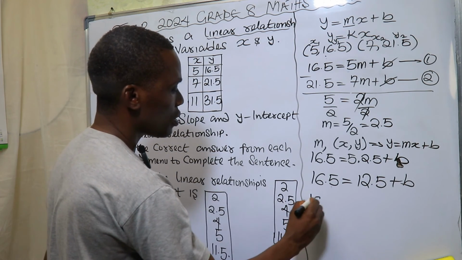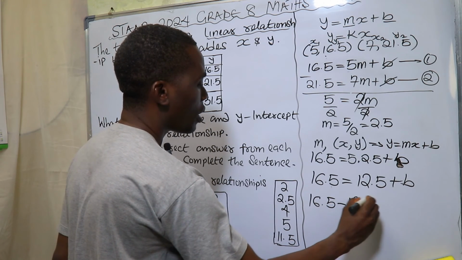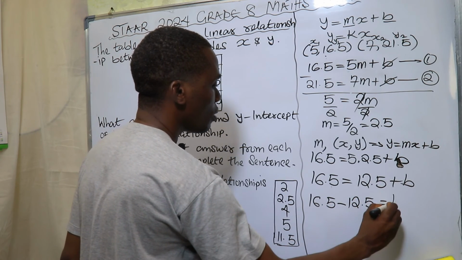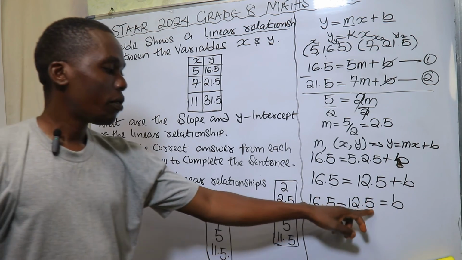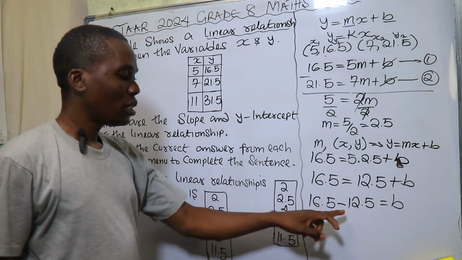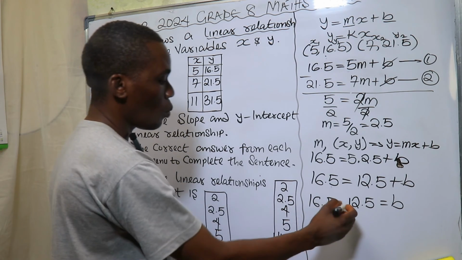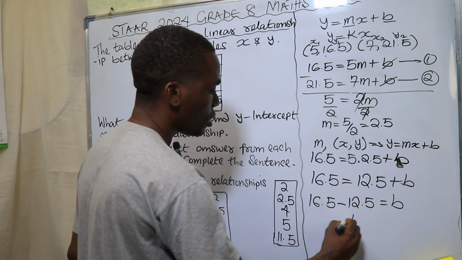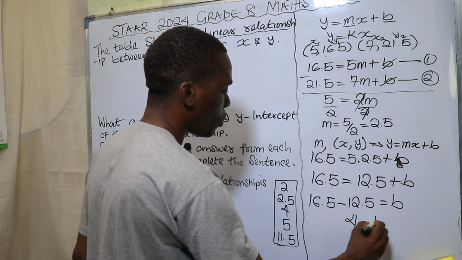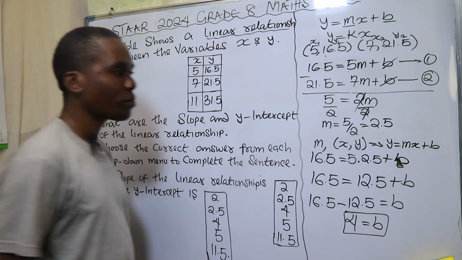So we'll have 16.5 subtracting 12.5. This is going to give us b. 5 minus 5 is going to give us a 0, 6 minus 2 is going to give us a 4, then 1 minus 1 is a 0. So this is going to give us 4 equal to b. So our b is equal to 4.